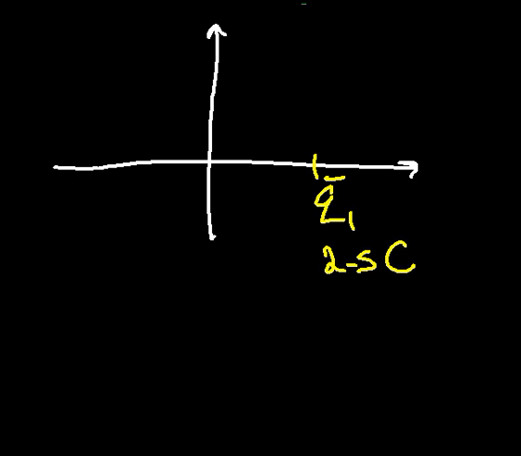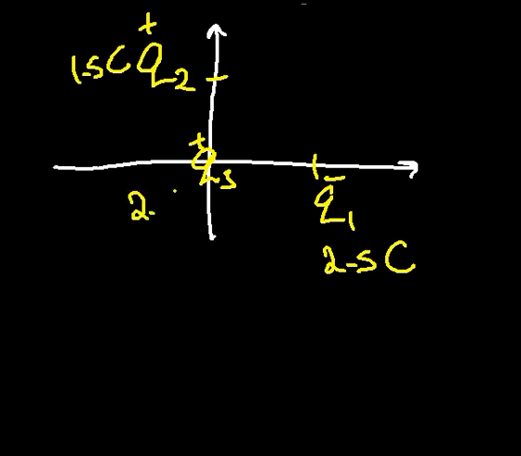And let's say this is charge 2, a positive charge, given as, let's say, 1.5 coulomb. And let's say we have another charge here, charge 3, which is a positive charge. It is given as 2 coulomb.